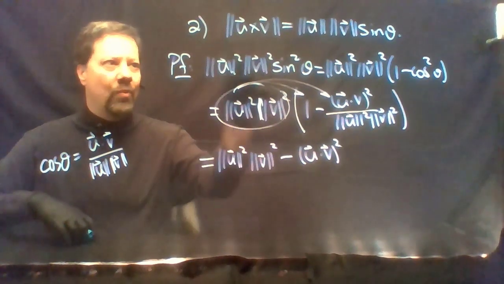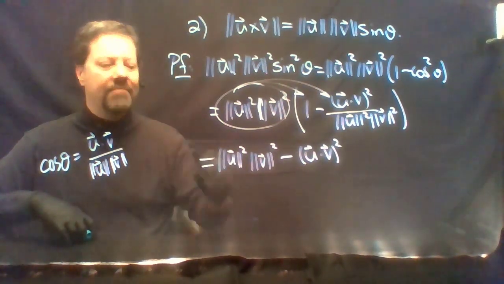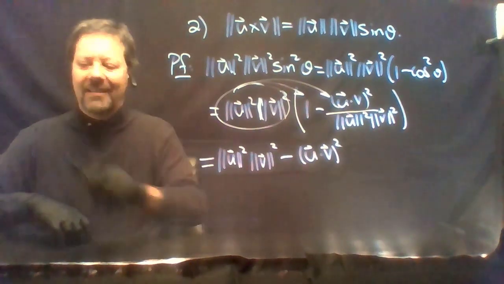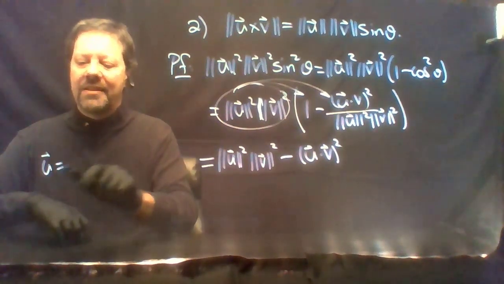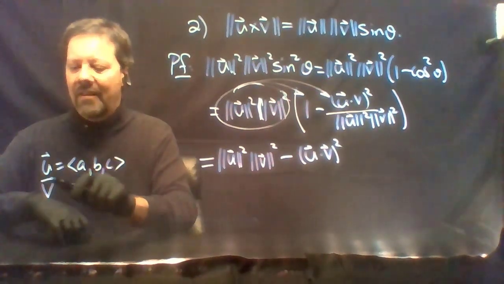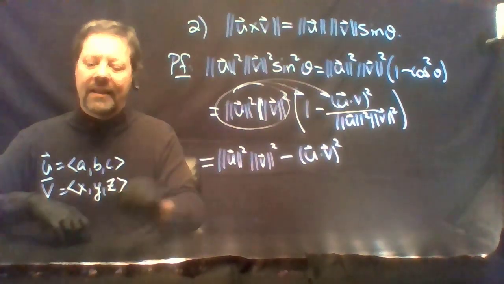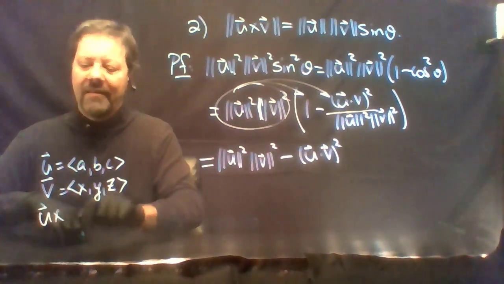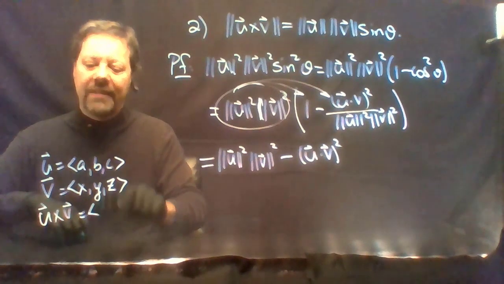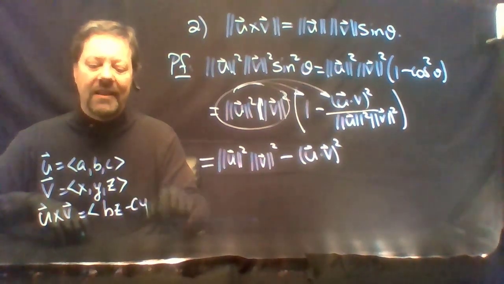Does that equal the norm of u cross v squared? Well, let's suppose that u is the vector ABC and v is the vector XYZ. Then u cross v is BZ minus CY.